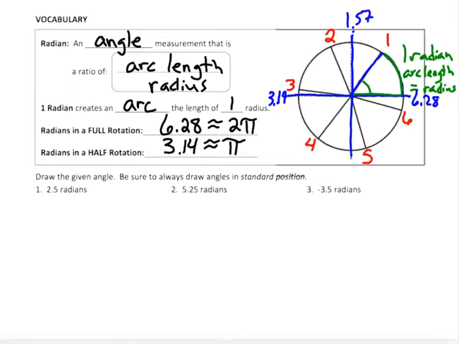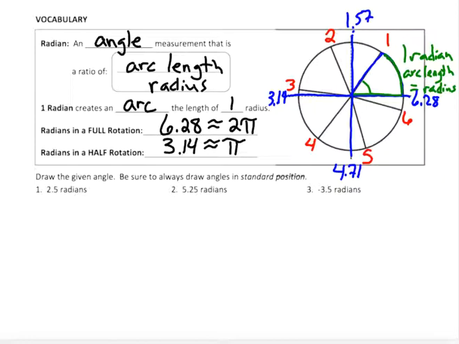I can see that was in between 1 and 2 radians, a little bit past 1.5, so 1.57 makes sense. The bottom is in between 4 and 5 radians, a little closer to 5. Halfway in between 3.14 and 6.28, I'm at 4.71 radians. Those decimal values are going to help me.